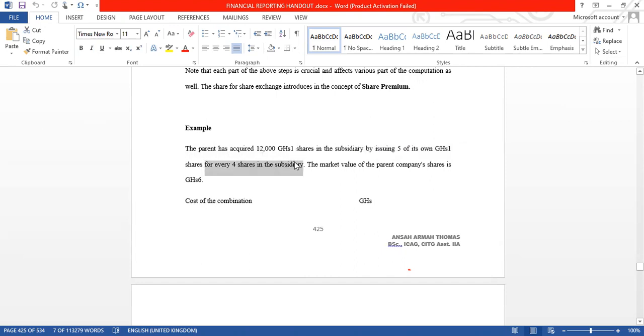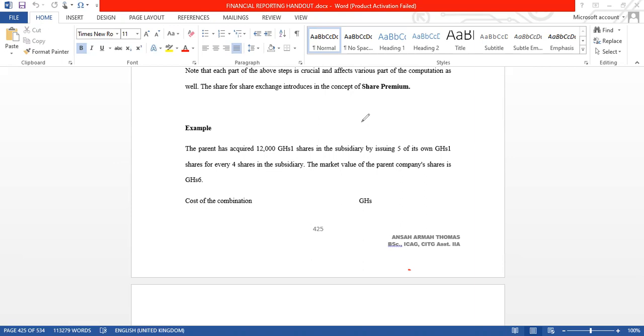And they go on to tell us that the market value of the parent share is 6. So that is the value as at the time. Now, when you see this, don't panic, because you're going to see it a lot if the purchase consideration is a share for share exchange.